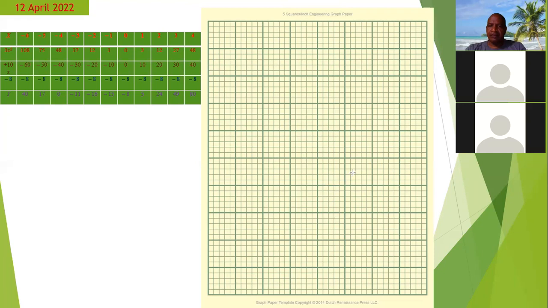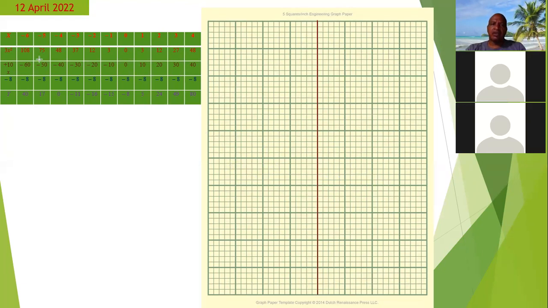If we position our y-axis in the middle, we should be able to put in these values. All right, so we position our y-axis here. We should now have 3 boxes to the left and 2 boxes to the right. All right, what about now our x-axis?